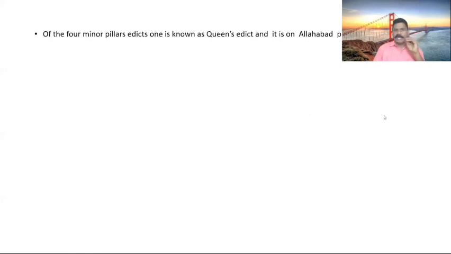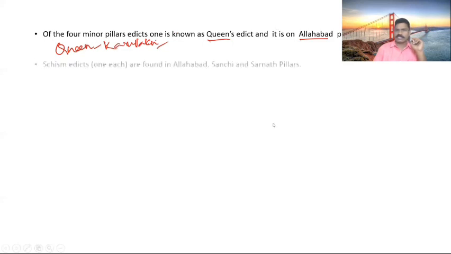One of the 4 minor pillar edicts is known as the Queen Edict at Allahabad. Only the Allahabad inscription gives the name of the queen. She was Karuvaki, the only queen of Asoka mentioned in his inscriptions.